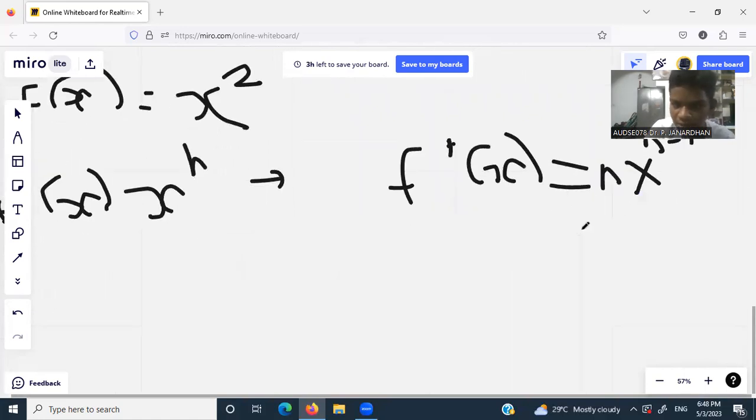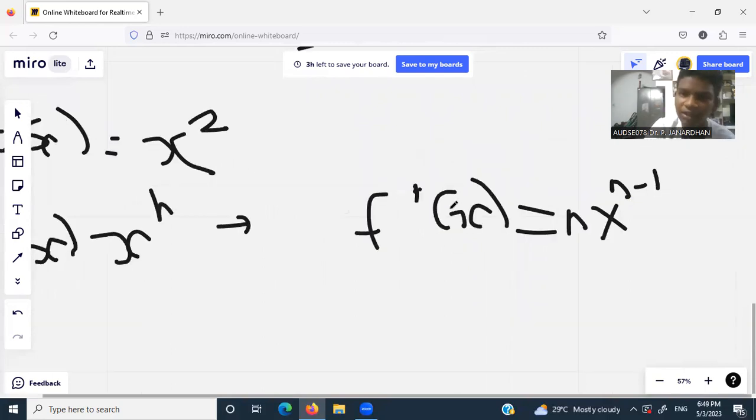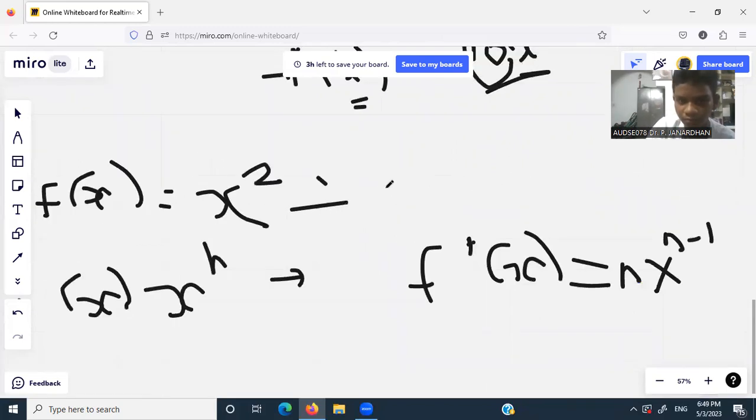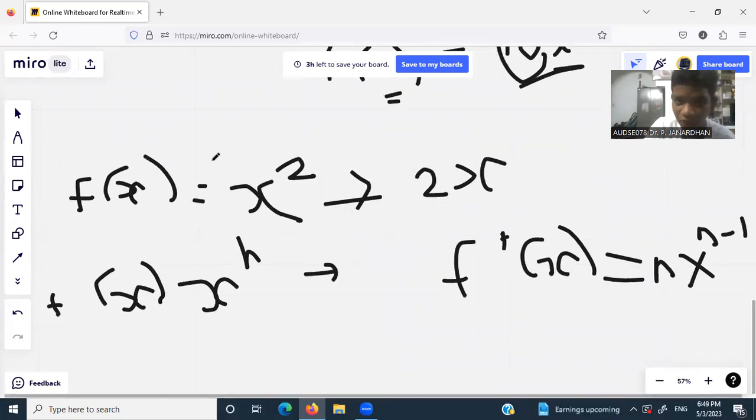So if I have a function f of x equal to x to the power of n, then the derivative of f of x is equal to n into x to the power of n minus 1. Here the derivative will be 2x. So the derivative of the function f of x here is 2x.